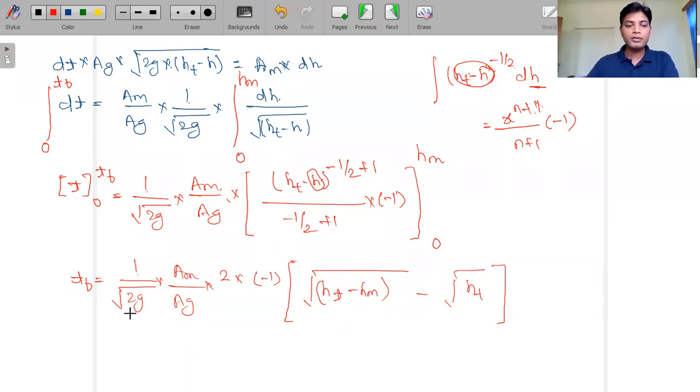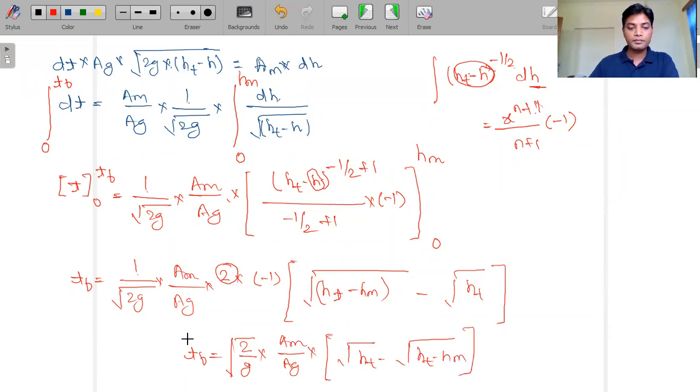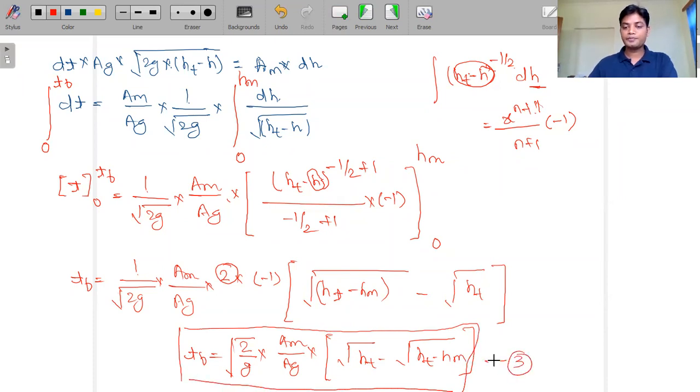So the equation becomes tb equals root of 2 by g into Am by Ag, into root ht minus root of (ht minus hm). This is equation number 3.